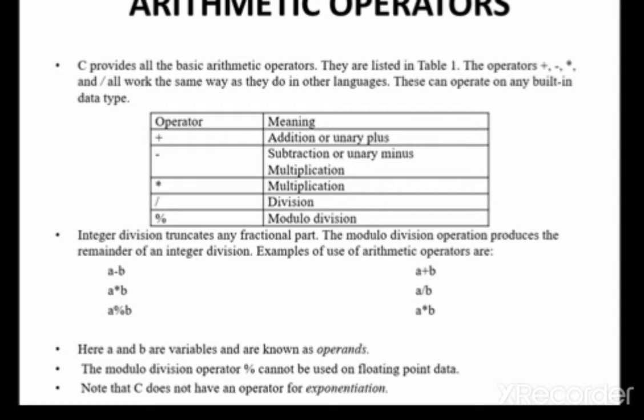When we want to give arithmetic or mathematical instructions, we use arithmetic operators. Plus for addition or unary plus, minus for subtraction or unary minus, asterisk for multiplication, forward slash for integer division, then percentage for modulo division.